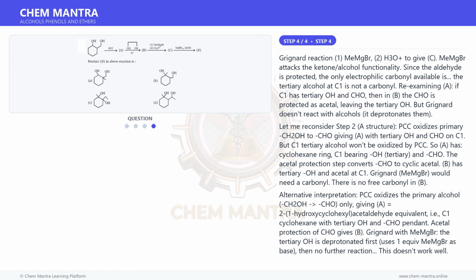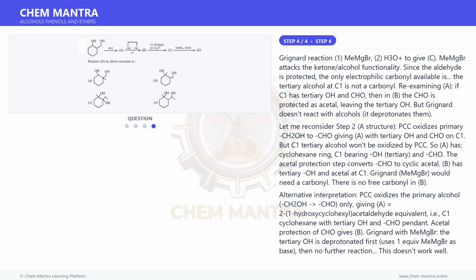Let me reconsider the starting material geometry. If the starting material is indeed 1-hydroxymethyl-cyclohexan-1-ol, then both the tertiary OH and the primary CH2OH are on C1, and the structural drawing shows both on the same carbon of the ring. With this, A via PCC is only CHO from CH2OH oxidation, tertiary OH unchanged: 1-hydroxycyclohexane-1-carbaldehyde.